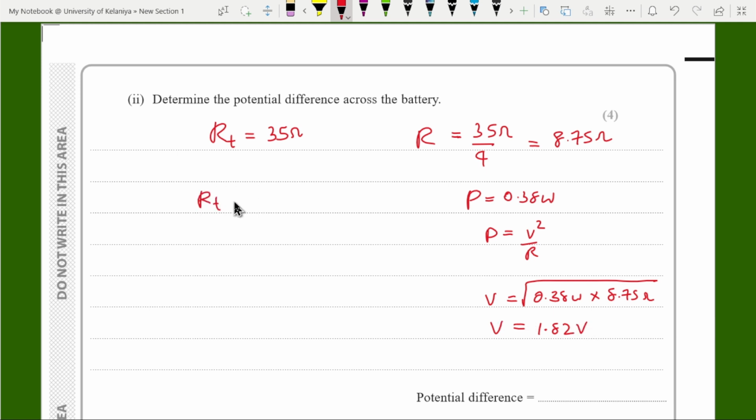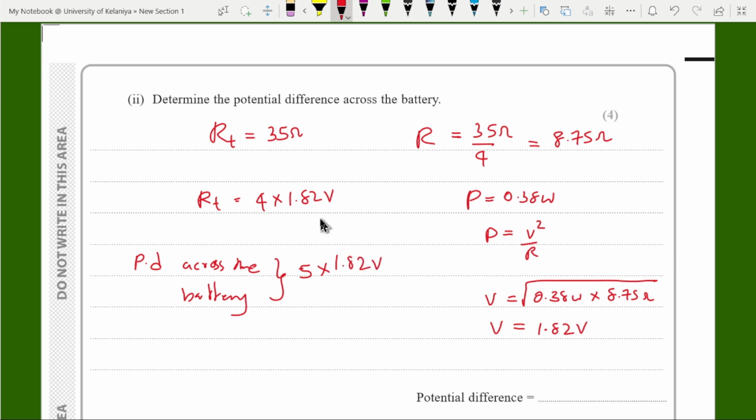Then what about the thermistor? You don't need to calculate it again. It is 4 times this one, so it is 4 times 1.82 volts, and you don't need to calculate even this one. You can directly find the potential difference across the battery. How? It is equal to 5 times 1.82 volts.